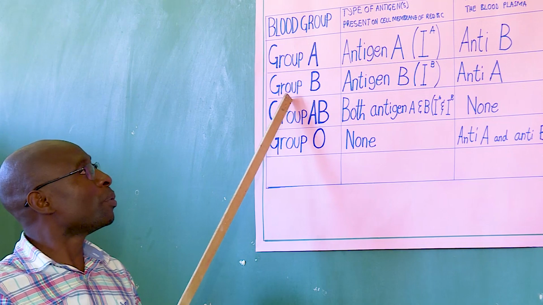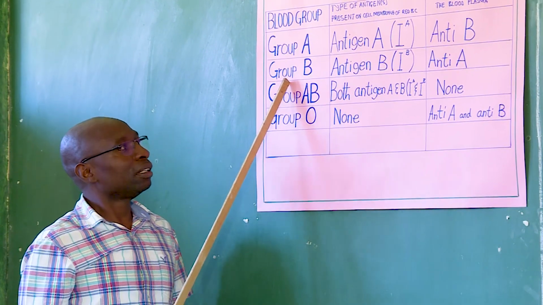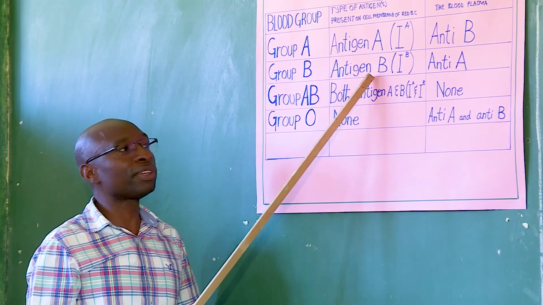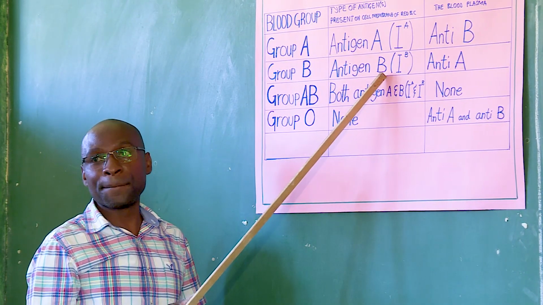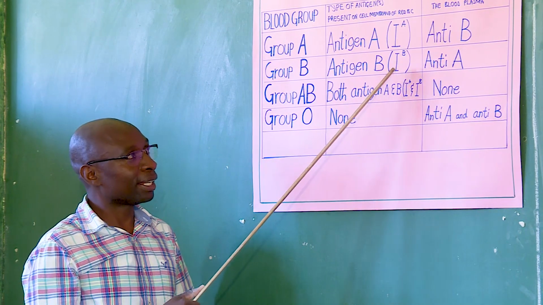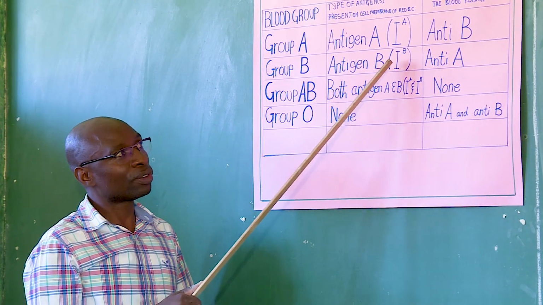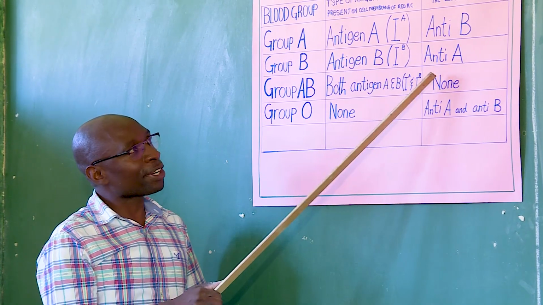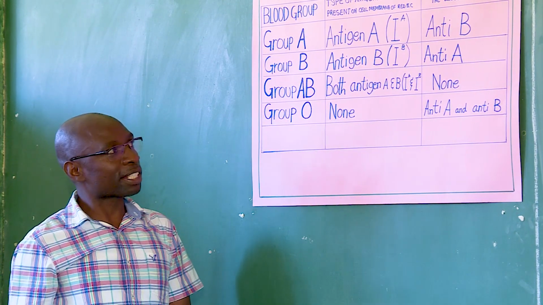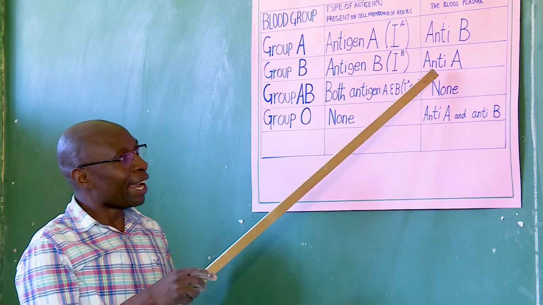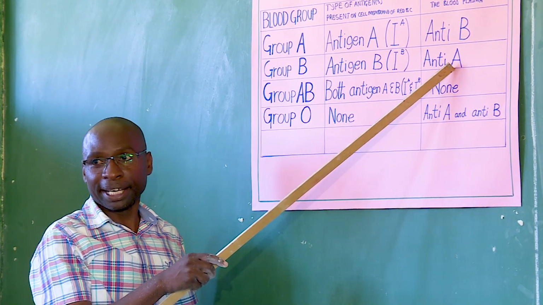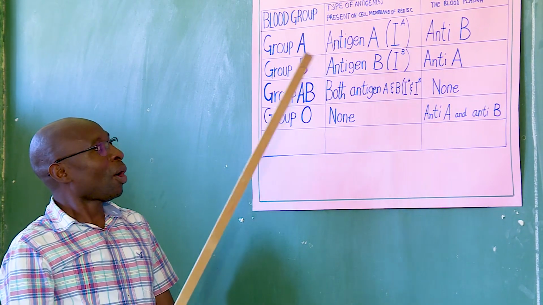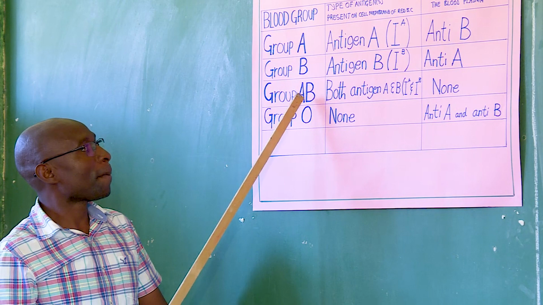We come to group B, the antigen present on the cell membrane of the red blood cell is B. The antibody present in the plasma is anti-A. Okay?